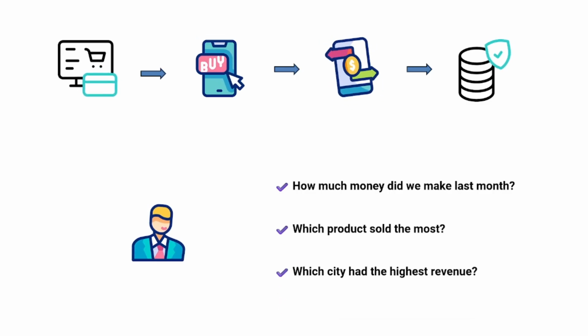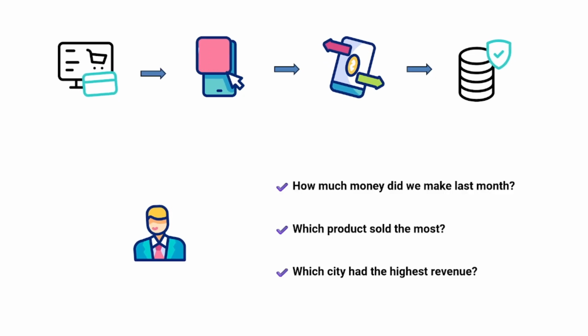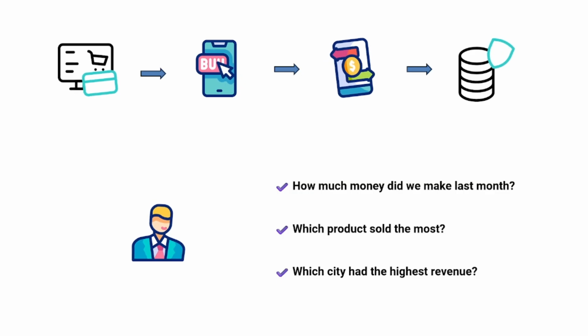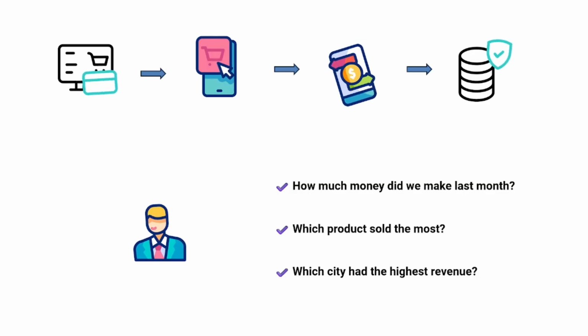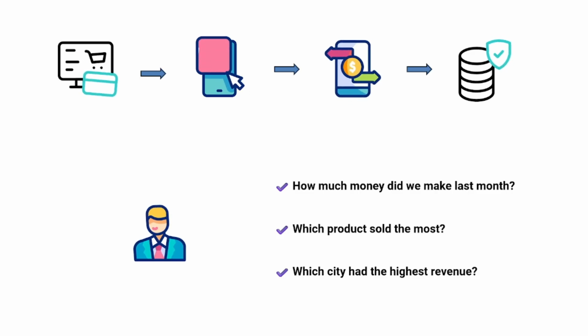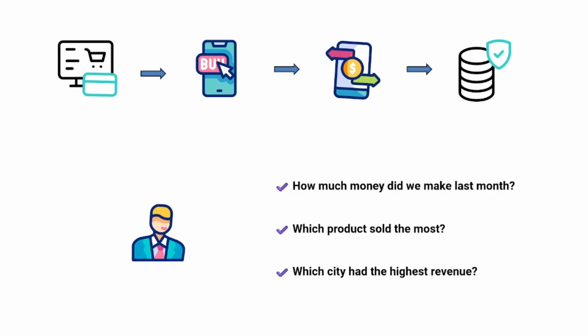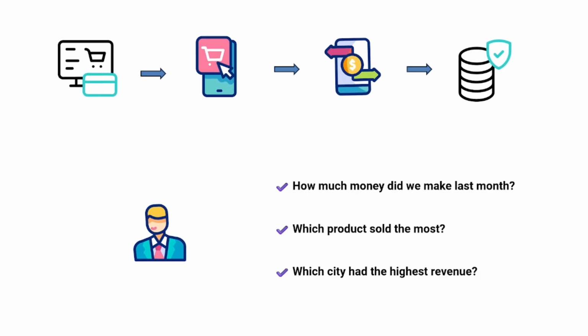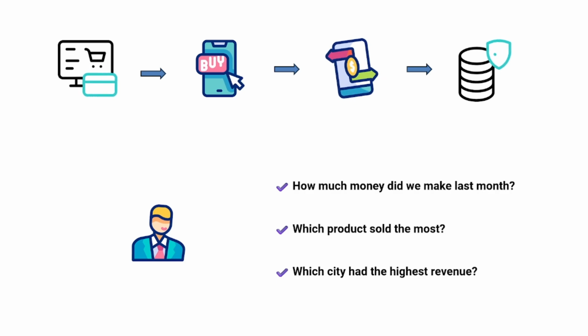Which city had the highest revenue? If your data is just a huge pile of raw transactions, answering these questions is going to be painful. You'd have to manually dig through thousands, maybe even millions of sales records, figure out which products belong to which categories, and then somehow put everything together into a meaningful report. Sounds like a nightmare, right?